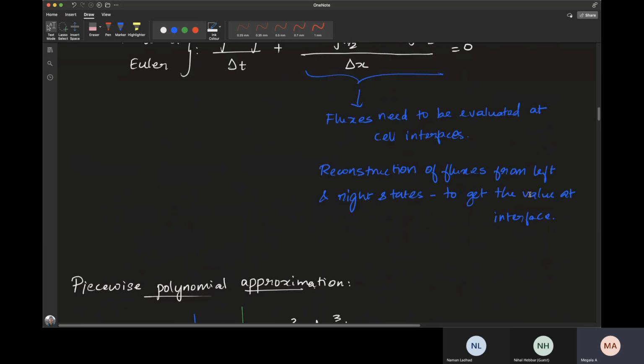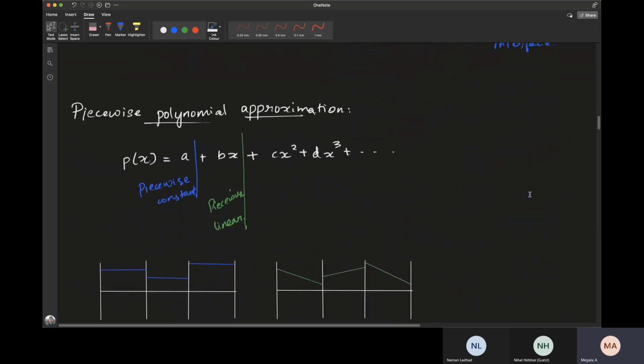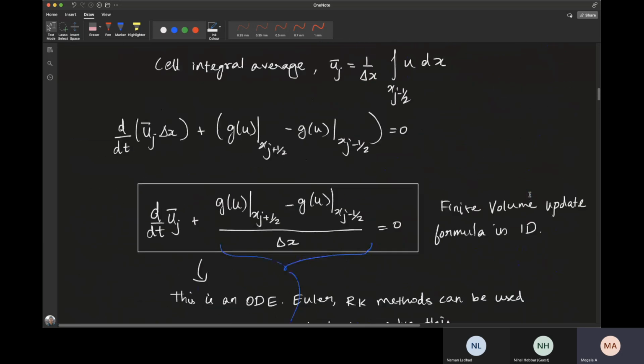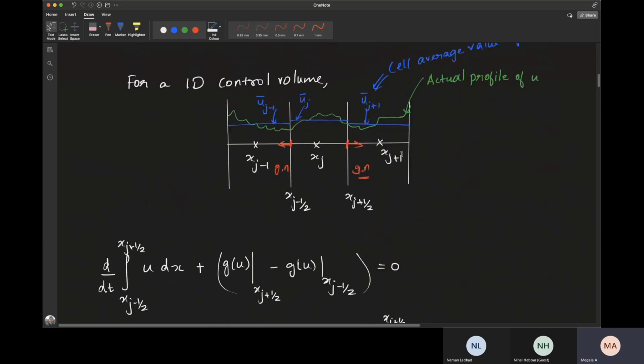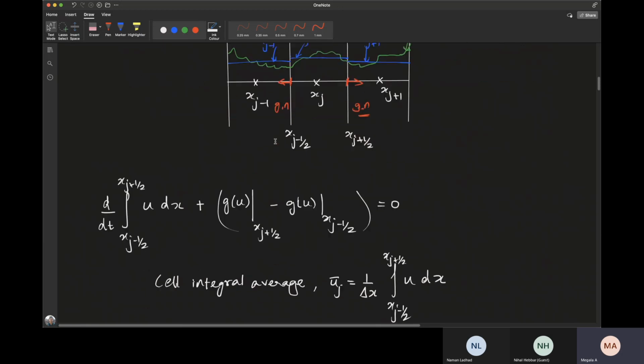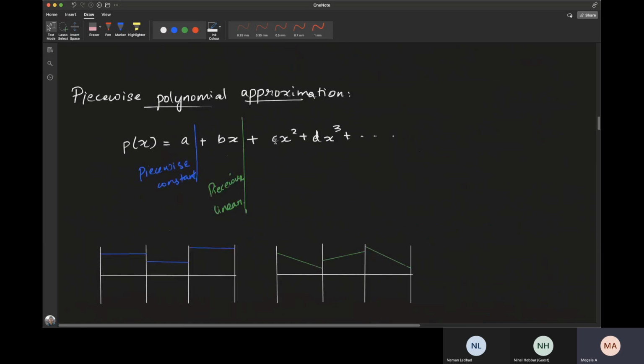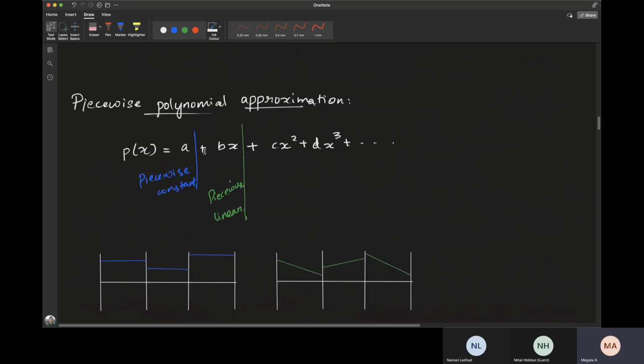And one more thing is piecewise polynomial approximation. As of now, we have only talked about approximating this u by a constant value u bar j minus 1, but you can have different kinds of approximation as well. So you can have a polynomial which goes up to the powers up to some n.